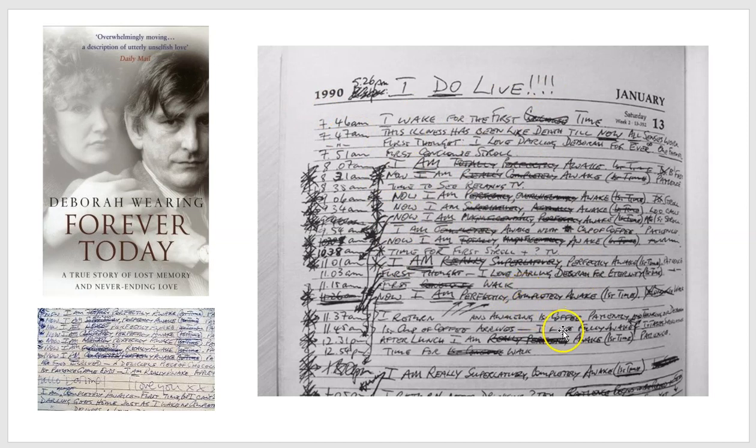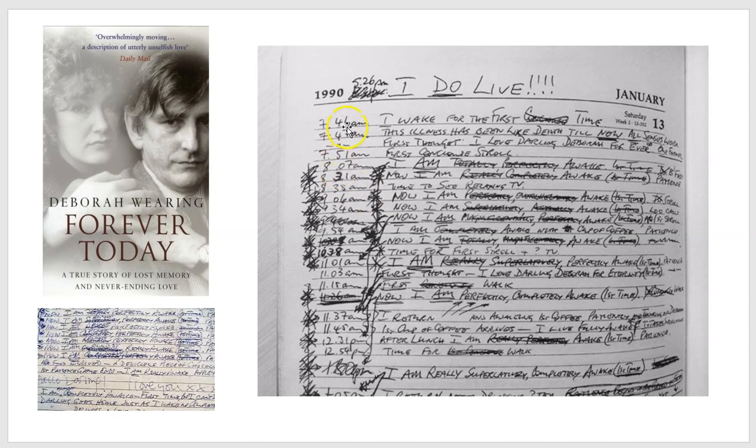For example, here's one at 11:26, although it looks like he's crossed that out: "Now I am perfectly, completely awake. First time." But look at all the previous entries. They say very similar things. 9:06 a.m.: "Now I am perfectly, completely awake. First time." But look, it's crossed out here.